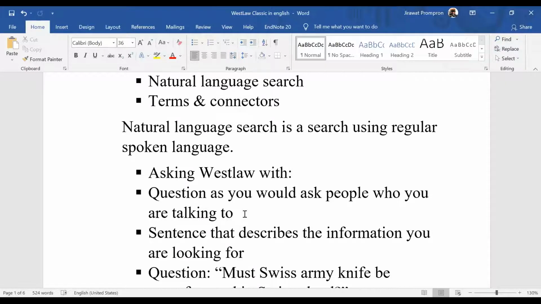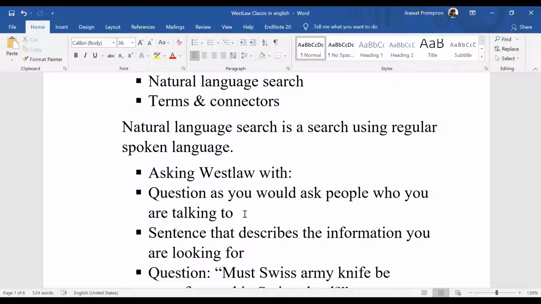So I can make a question, the same idea as mentioned about GI. Maybe I ask Westlaw, must a Swiss Army knife be manufactured in Switzerland? The idea is you want to get a document or legal information that clearly tells you which one is champagne, a geographical name, and which one is croissant, a generic name.